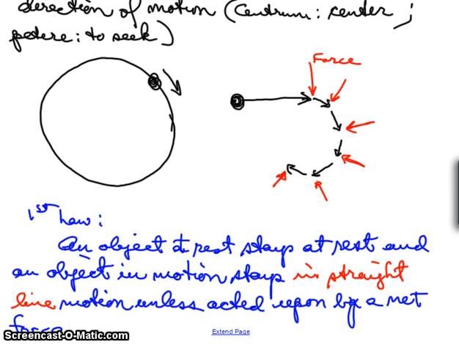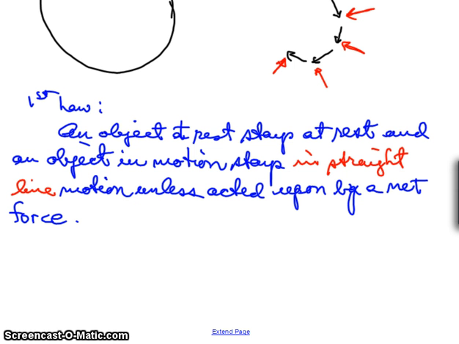Now, okay, so we talked about a force. What are our equations? Well, as I may have mentioned, we're going to derive the centripetal force equation in another video, but for now, I'll state that centripetal acceleration is given by this equation.